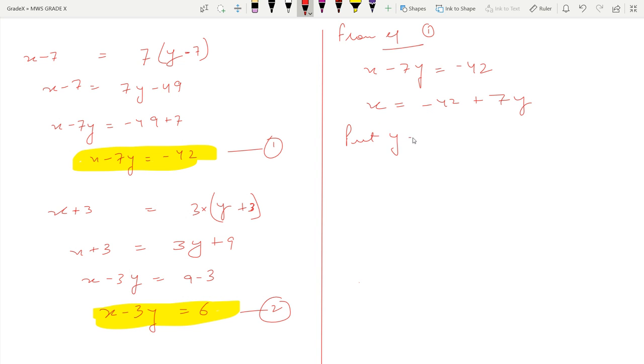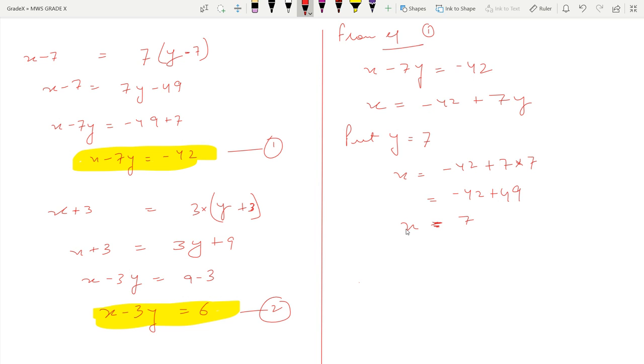Let y be equal to 7. Then x will be equal to minus 42 plus 7 into 7, minus 42 plus 49. You can take any values as per your choice. So x is equal to 7.